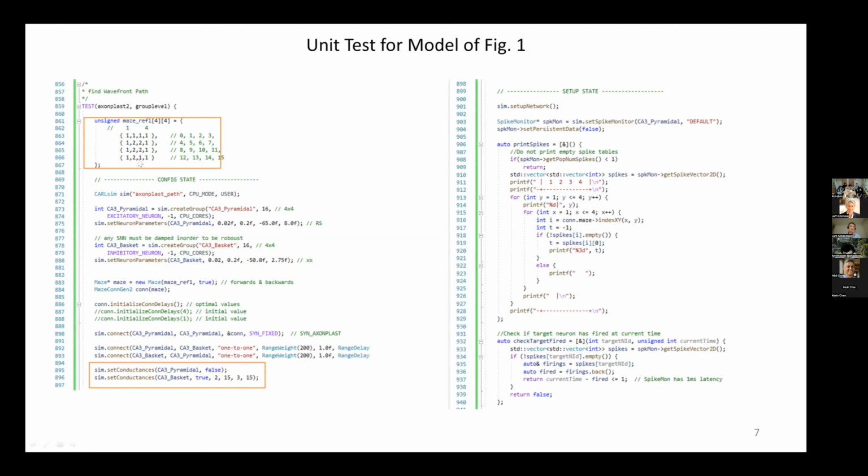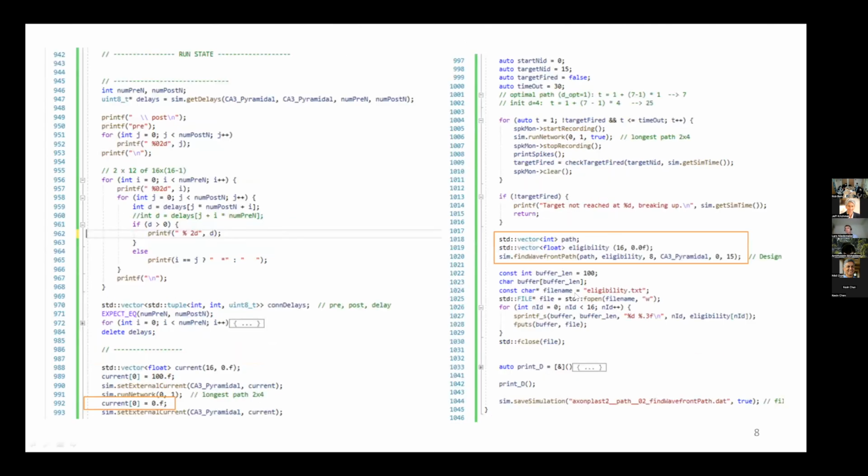You see here the maze of the paper, and here you see how you have two groups with different conductances. Especially the pyramidal has no conductances, but the interneurons have specially configured conductances. And here's the actual call in the code.